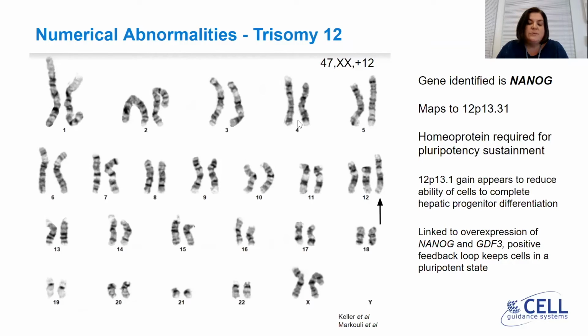So overexpression of NANOG and also the gene GDF3 seems to result in a feedback loop that keeps cells in a pluripotent state. So cells remaining in a pluripotent state and not fully differentiating, the reason why that's of interest to researchers is because in clinical use, this actually leads to risk of teratomas.